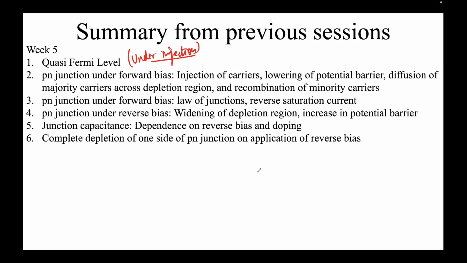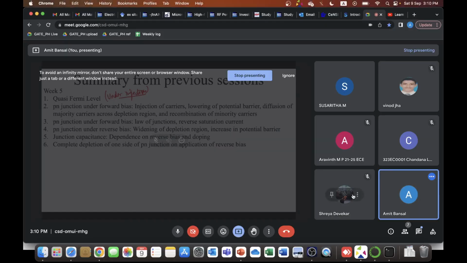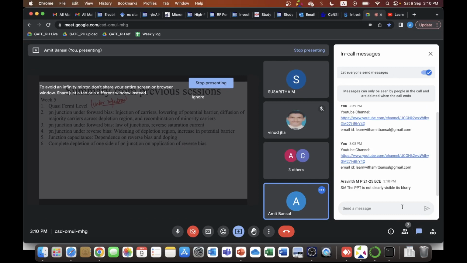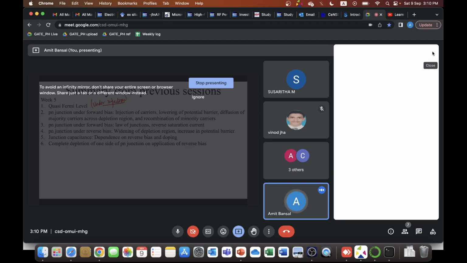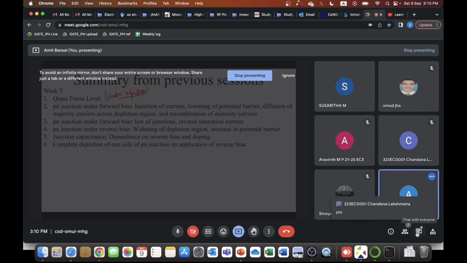Is anyone facing the same problem? The PPT is blurry. Can someone respond? All right, I'll just unshare and redo it. Okay, just wait a minute.